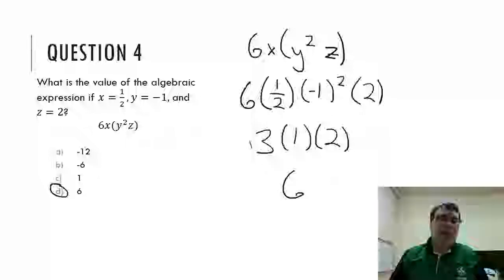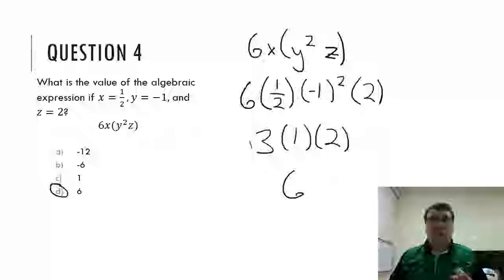And they're not doing me any good right now, so I'm going to drop them. Now, because my y does have an exponent, I'm going to use a parenthesis here, because y is -1, but I want to square it. And then my z value, we said, was 2. I'm just using parentheses to show my multiplication.